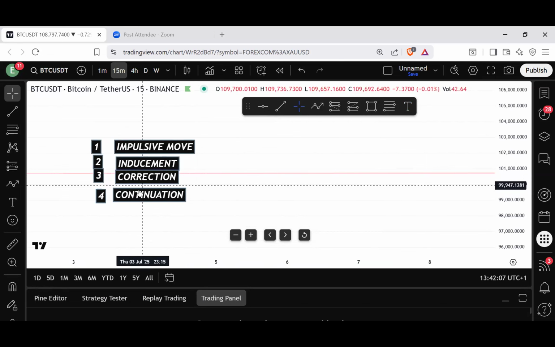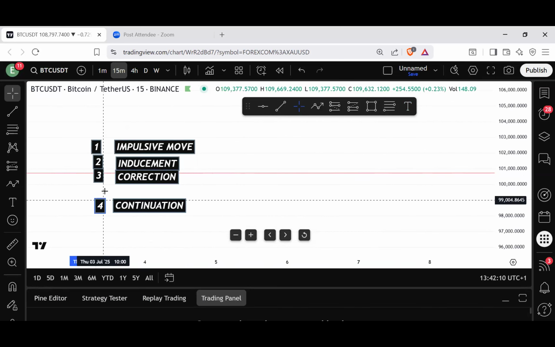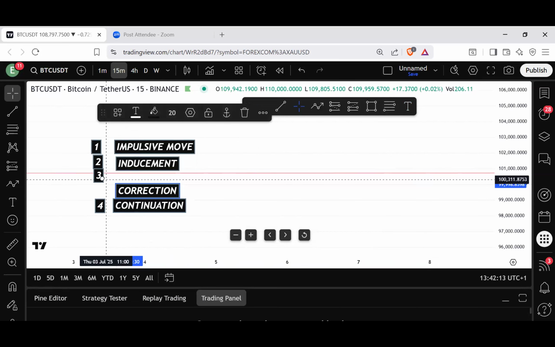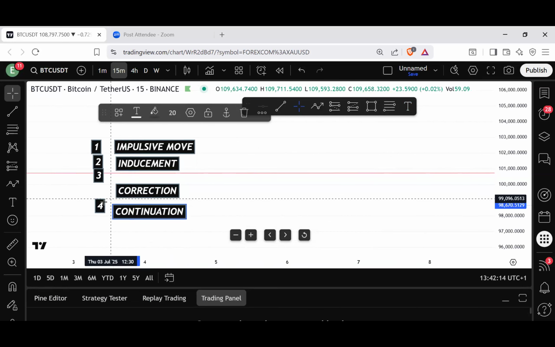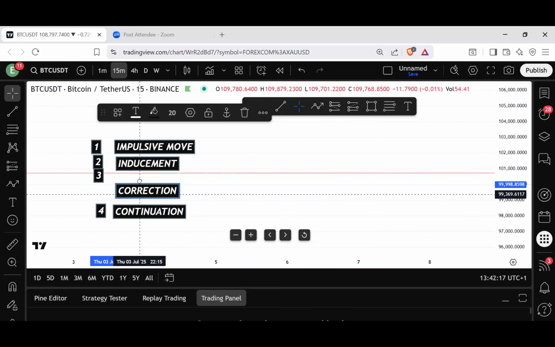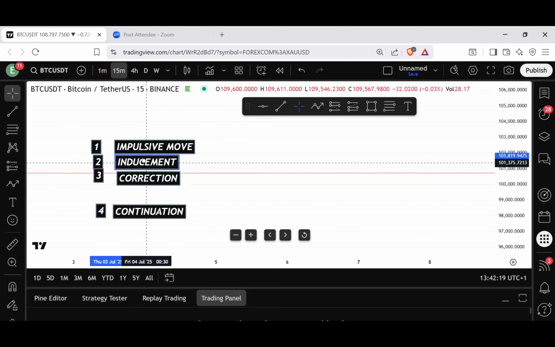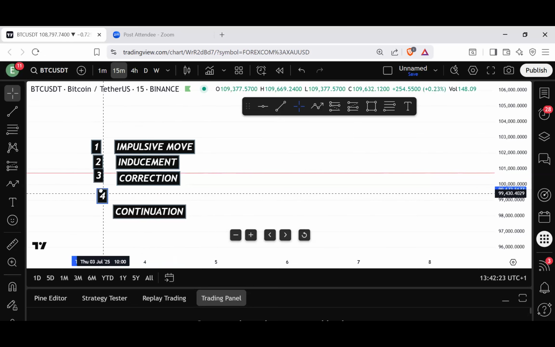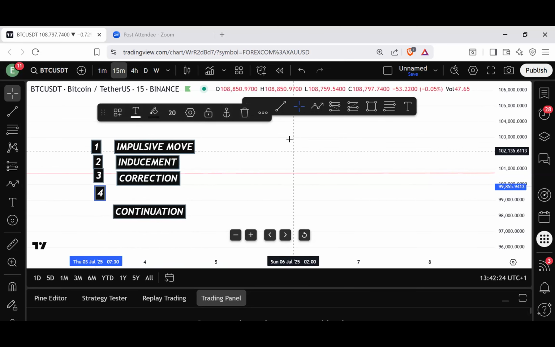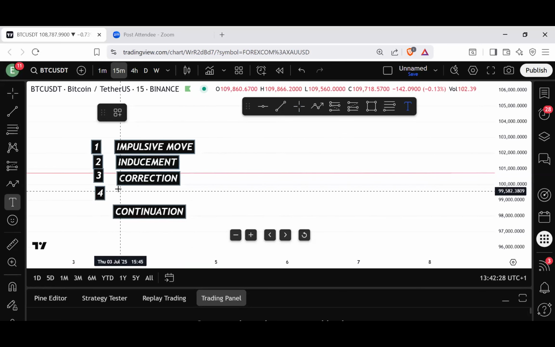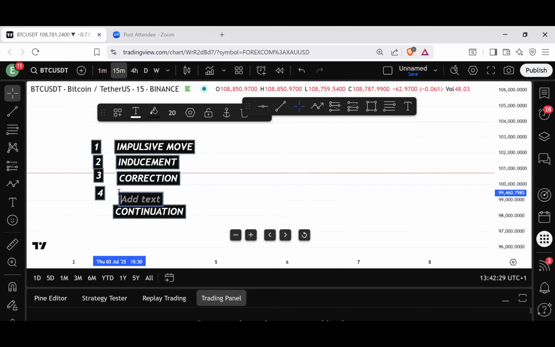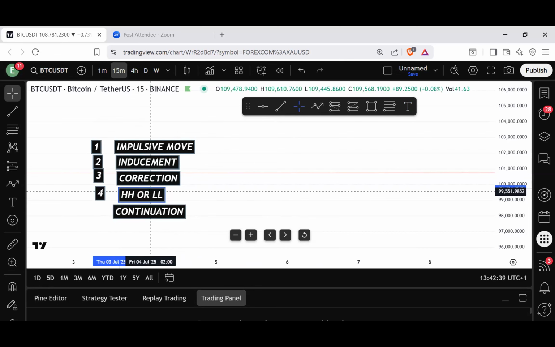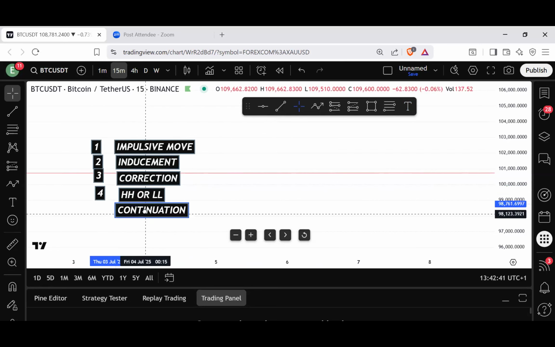So, let me make it like this. Once you see the correction, that is where you put the higher high or lower low, or vice versa, depending on the trend.